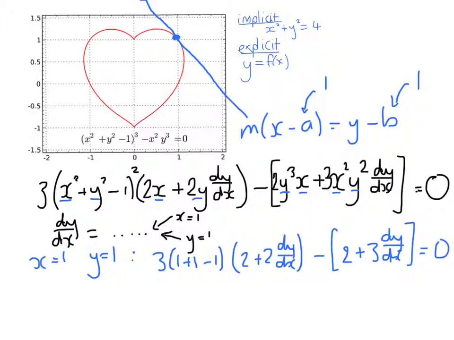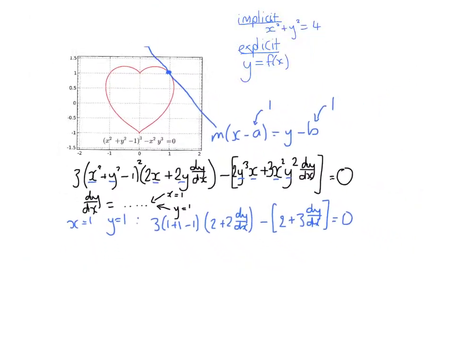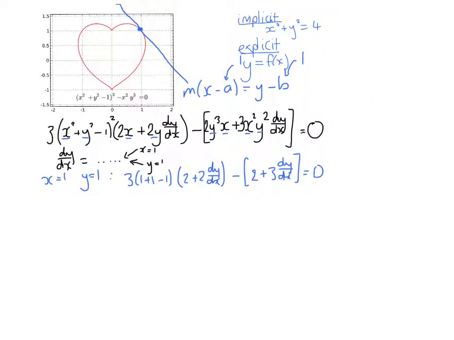Okay, let's give myself a bit of room here. You could be pausing the video, by the way, and having a go yourself. It is fun. Right, how are we doing? 1 plus 1 minus 1 is 1. 3 times 2 isn't 3. It's 6. 6 plus 6 dy by dx minus 2 minus 3 dy by dx equals 0.